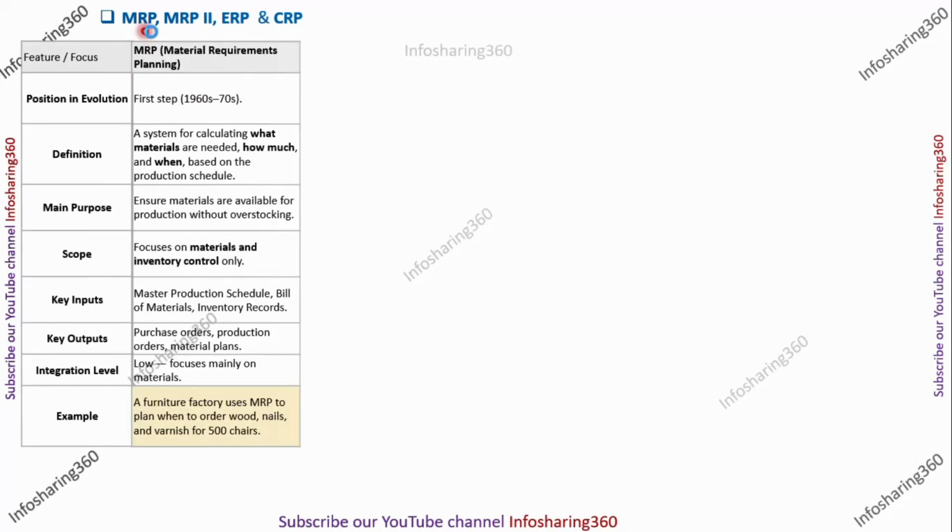Let's explore and compare planning systems and what they do. First, MRP, Material Requirements Planning. It started in the 1960s and 70s. It is the basic system. Its main job is to calculate exactly what materials are needed. It figures out how much is needed and when. It only focuses on materials and inventory.